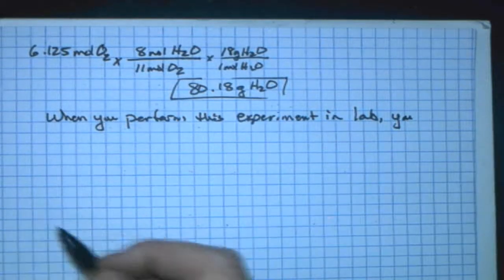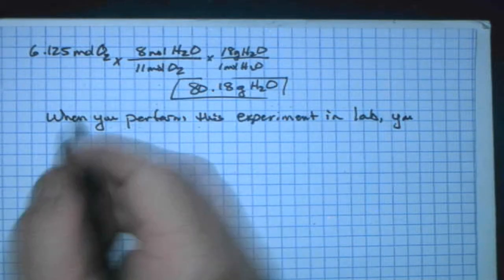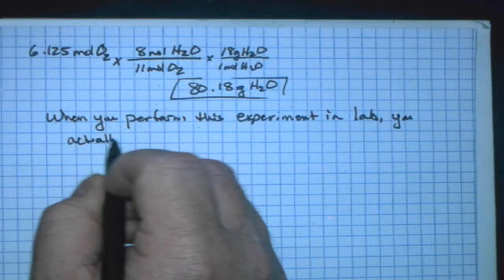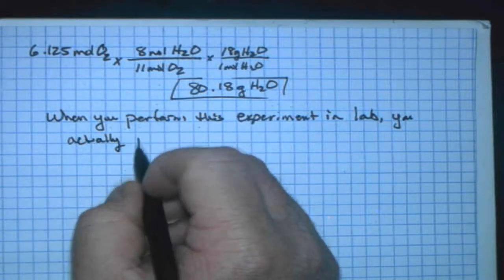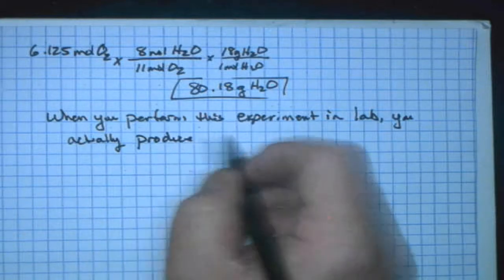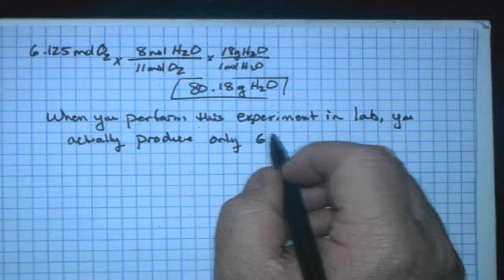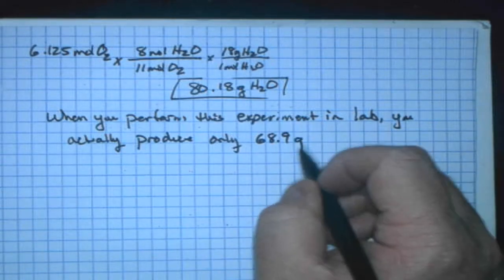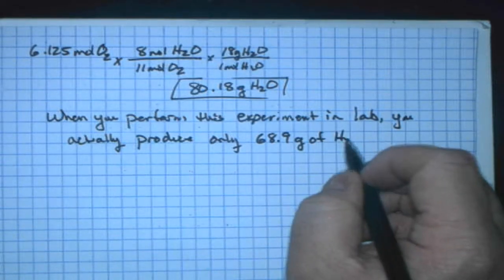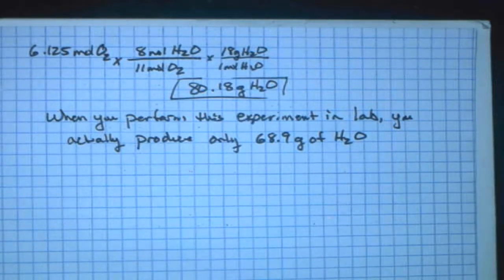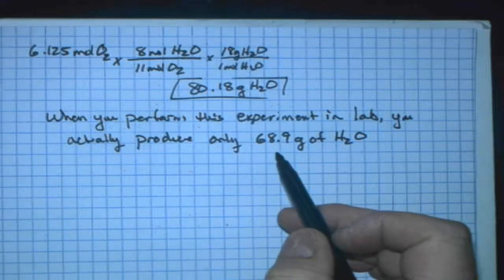When you perform this experiment in lab, you actually produce only 68.9 grams of water. I'm making this number up. I'm just saying you do this in lab, and when you measure how much you actually have, you only have 68.9 grams of water.